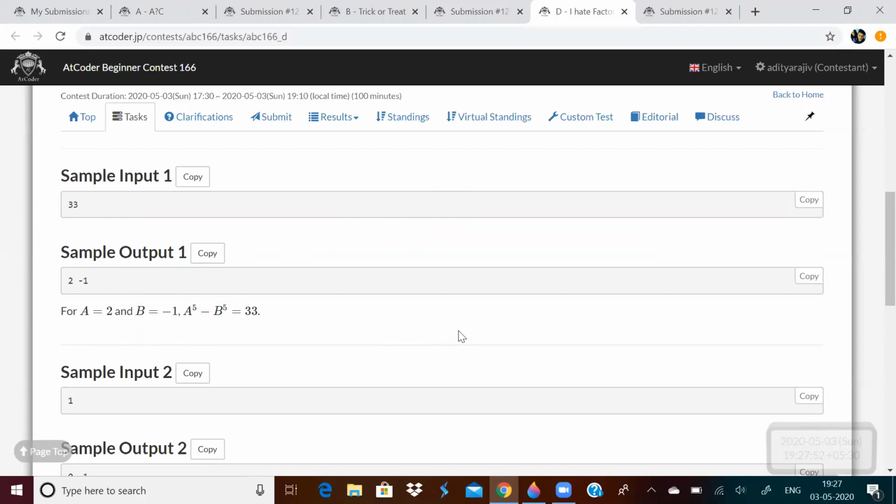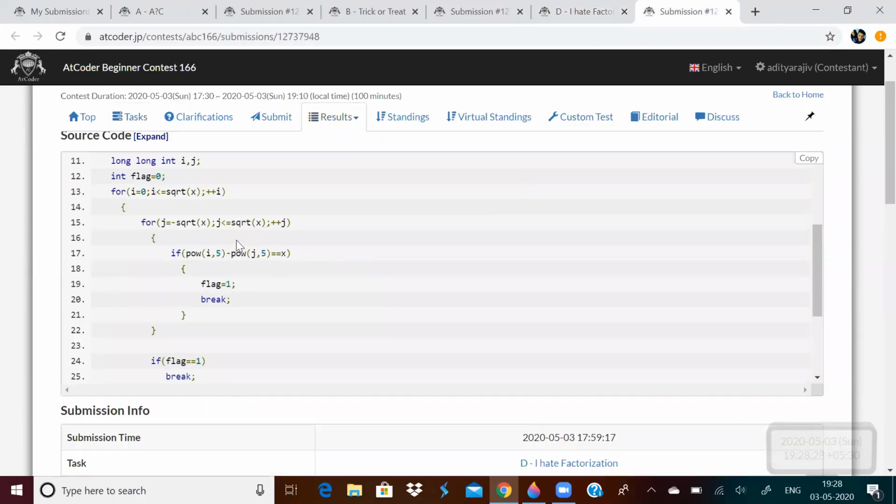One of the best ways is something related to square root, like n log n, root n, root n log n, something like that will work. But because it can be a negative value, one number out of A and B can be negative. Sorry, only B can be negative. So we will run a loop from minus root of X to plus root of X.